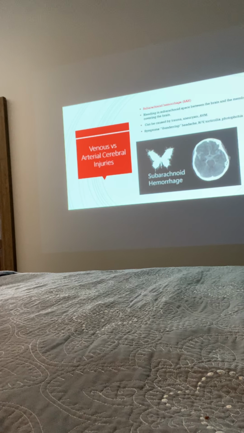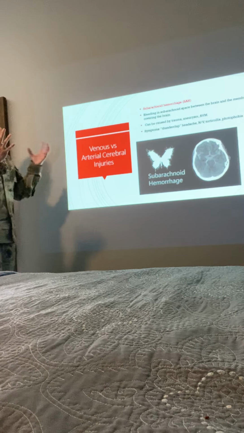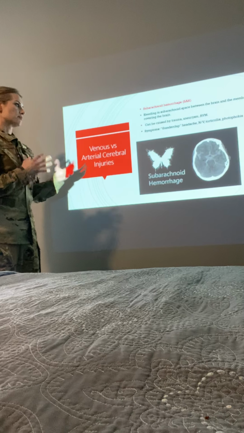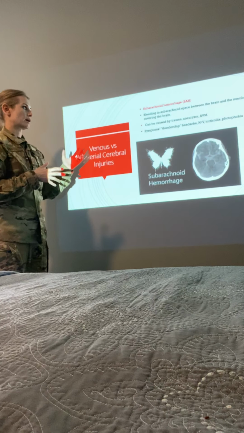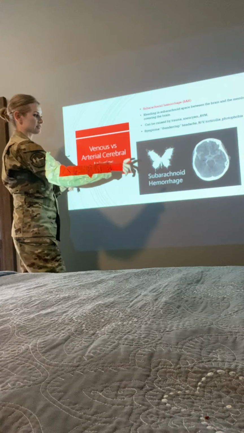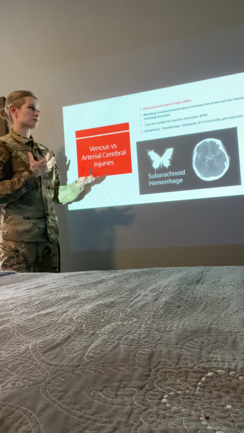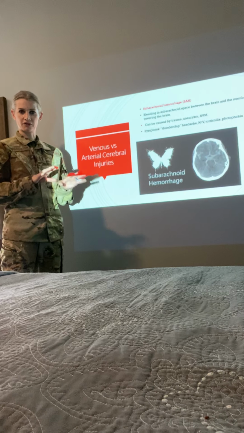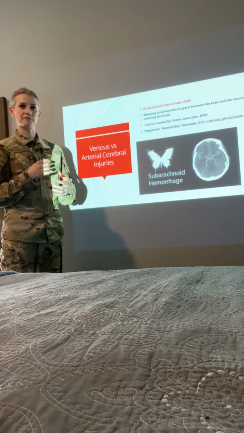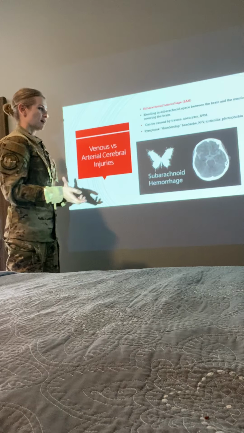Subarachnoid hemorrhages. Bleeding in the subarachnoid space between the brain and the membrane that covers the brain can be classified as a subarachnoid. It typically tends to take on this butterfly shape, and generally in medicine, a butterfly shape in any form tends to not be a great thing.